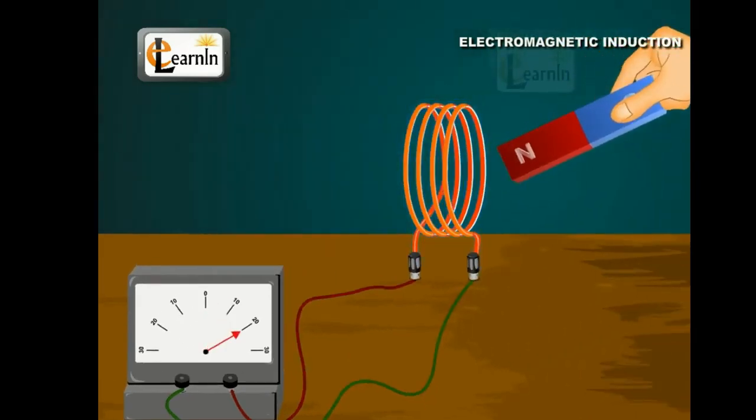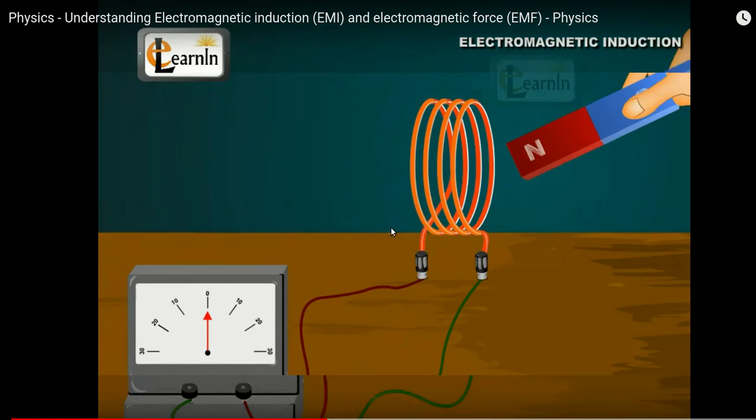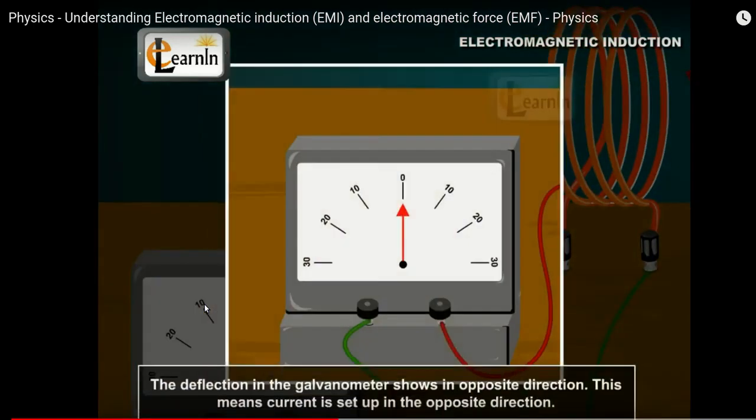Now when he moves it away, again there is a deflection, which means again a current was induced. The deflection in the galvanometer shows up in the opposite direction, which means the current is set up in the opposite direction. Like in the other case, when the direction of the force changed, the current direction changed.